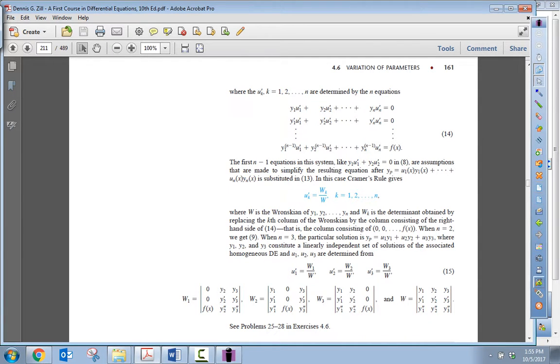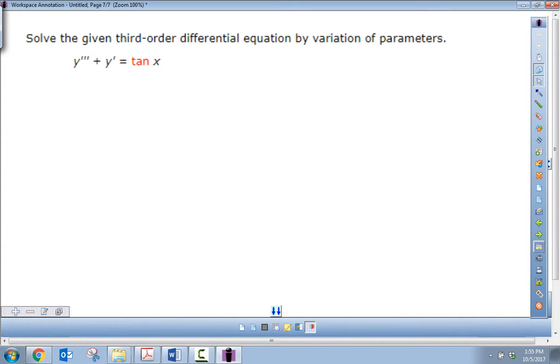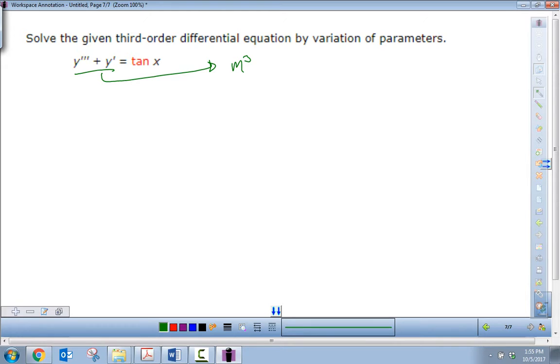All right, so let's go back. We need to find our auxiliary equations. So m cubed is the third power. There's no m squared.